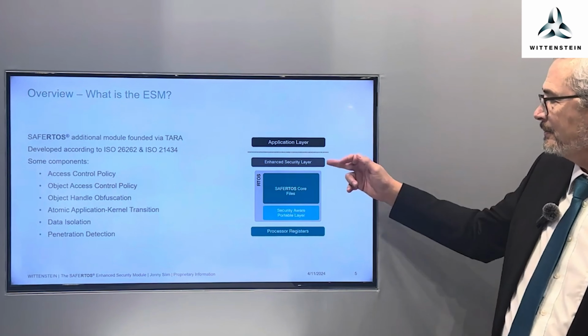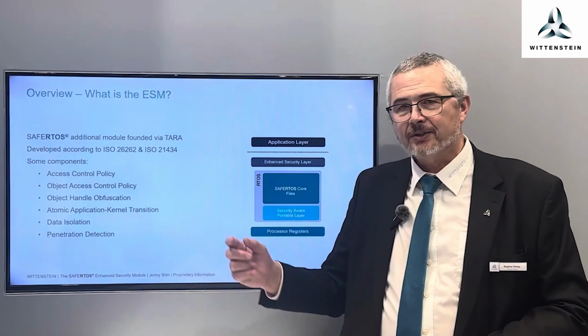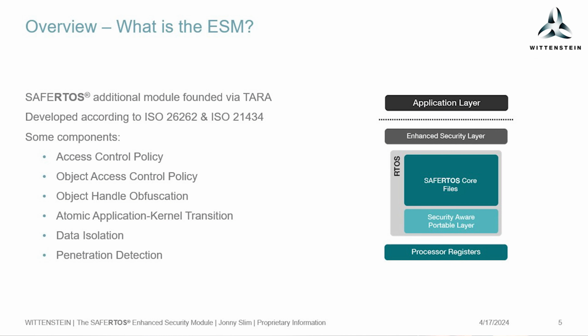But the major components of the enhanced security layer are an access control policy, where we are limiting access to certain API functions based on the task that is running. An object access control policy, where we're limiting access to kernel objects, queues, timers, mutexes, semaphores, etc., based on the task that is running and whether it is configured to have access to those objects.